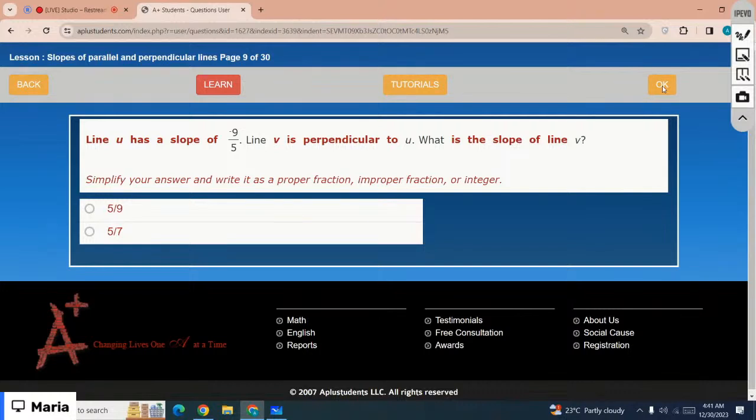The correct option is, yes, that is 5 over 9. Negative reciprocal is 5 over 9. Got it?